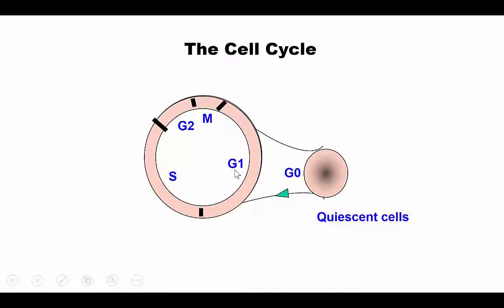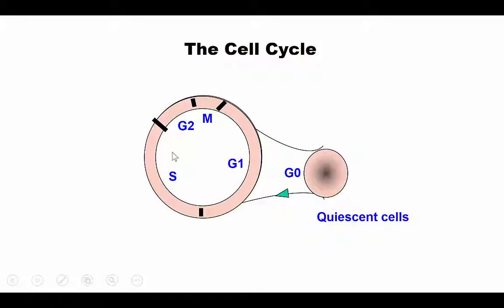To make another copy of those cells, the first thing is collecting a lot of materials, DNAs and proteins and all those materials, to secure that the cell has enough resources to make the body of those cells. Once all the checking is done, there is the first checkpoint here, and if this is okay, then it goes into the second step of synthesis of DNA.